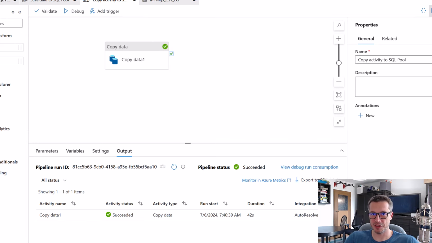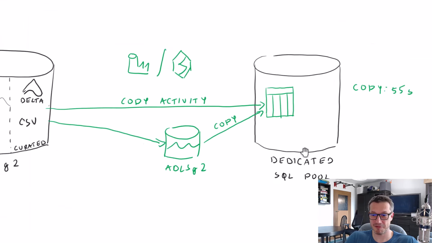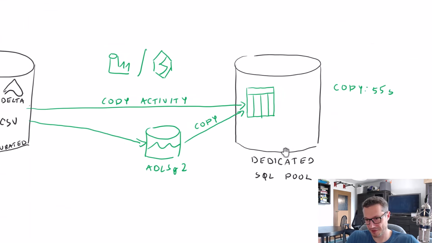All right, and the PolyBase version succeeded in 42 seconds, so a little bit faster. So basically, these two are similar when it comes to performance. It might depend on your data how fast it would be. Usually, from my experience, copy is faster, but here actually it's the opposite.